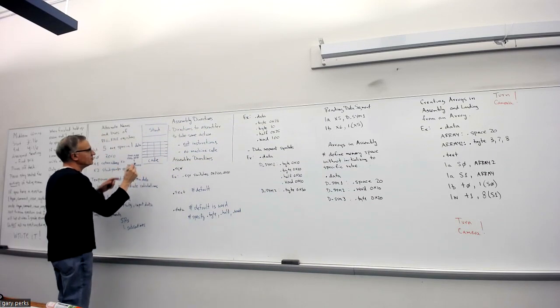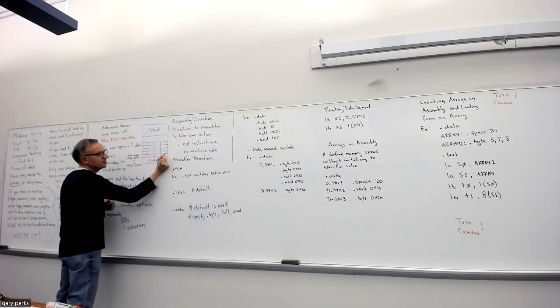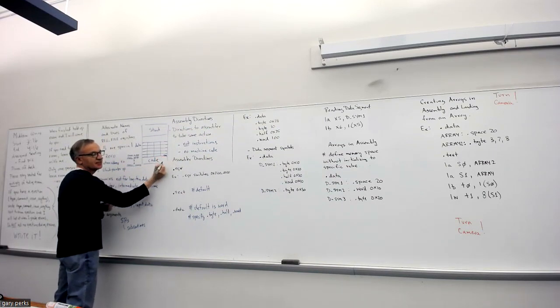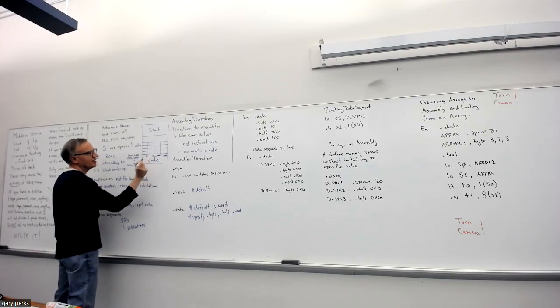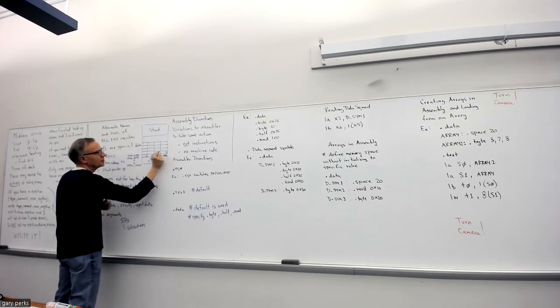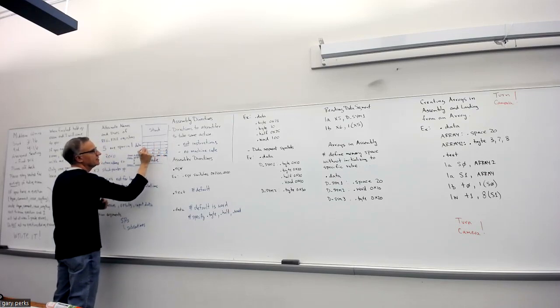Since it's byte addressable, this first byte of the data segment has address 6000 hex, and the next byte is going to have address 6001 hex. This is going to be 6002, 6003, 4, 5, 6, 7, 8, 9, 10.